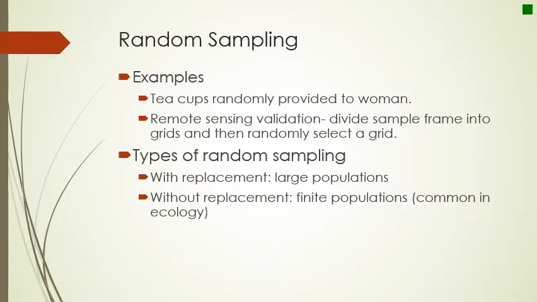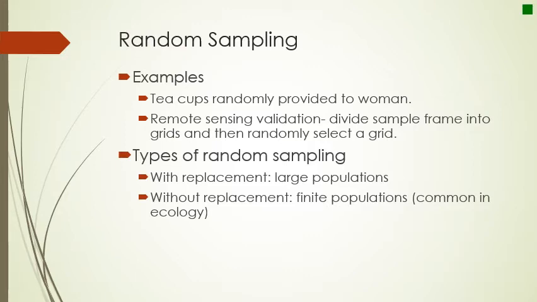So some examples of random sampling: in the tea experiment that we talked about, if we randomly assign the treatments to the teacups as we're handing them to the woman that we're testing, that would obviously be an example of a random sample.